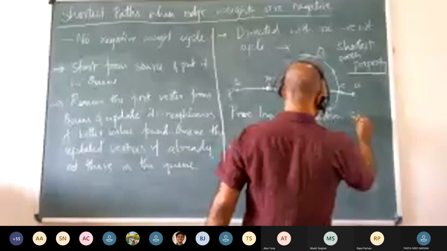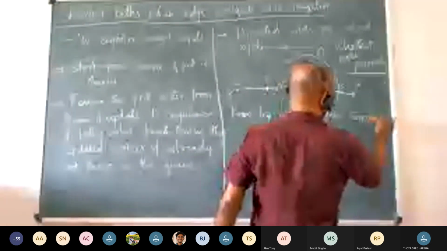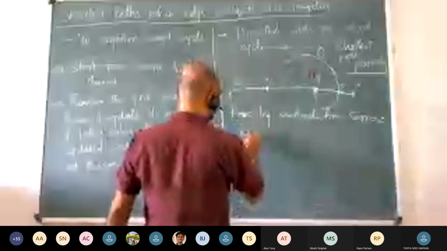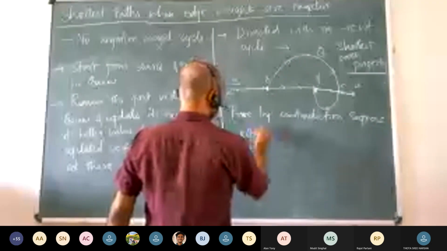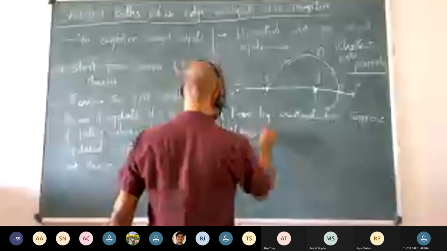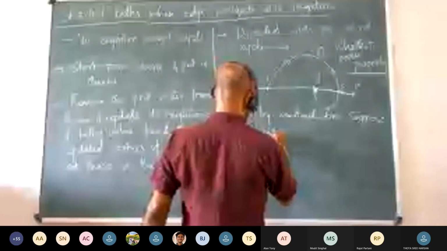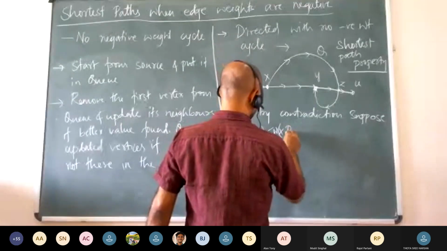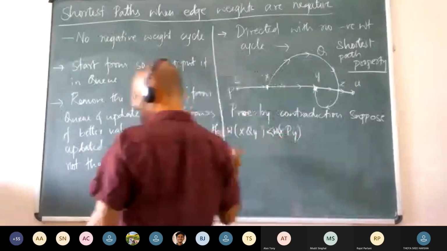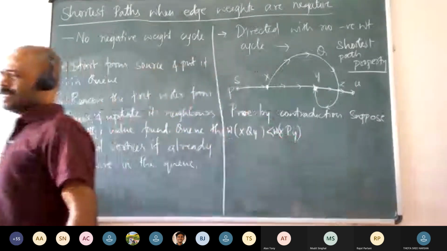Suppose XQY, the weight of this is strictly smaller than the weight of XPY. It can be equal; equal is not a problem.